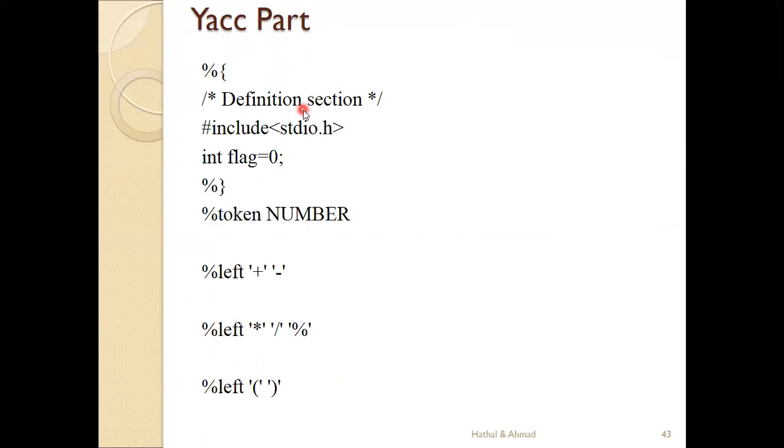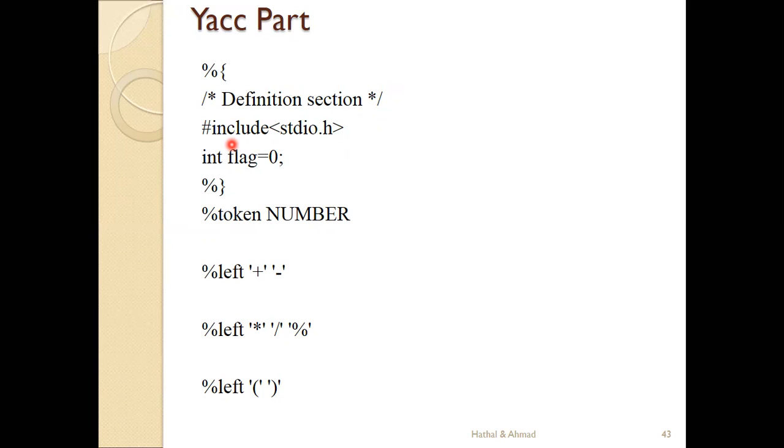Then the Yacc part, where the first section is the definition section. In the definition section we can specify the files to be included and the list of definitions of variables and functions.